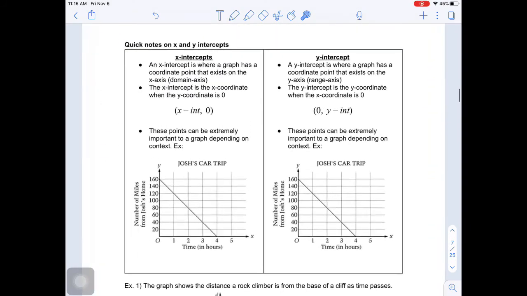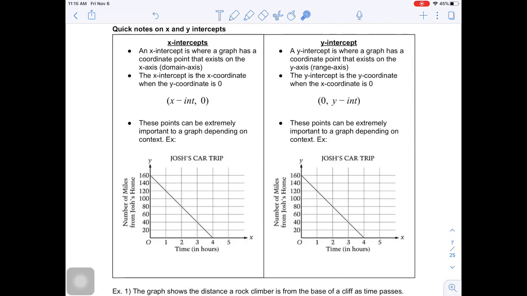Again, we will talk about this more in depth later on, but just recognize that x and y intercepts sometimes, or most of the time, have a very special meaning to them, especially in context situations. So an x-intercept is where a graph has a coordinate point that exists on the x-axis, or the domain axis.